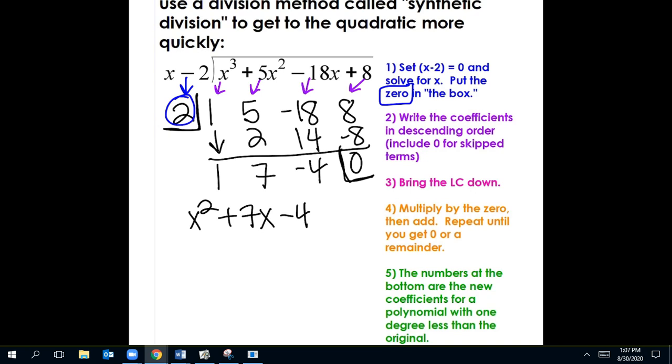So that was right here, this little step. And then we multiply, add, multiply, add, multiply, add till we get our remainder of 0. And that is right here. Okay, so that's just a quick overview of how that works.